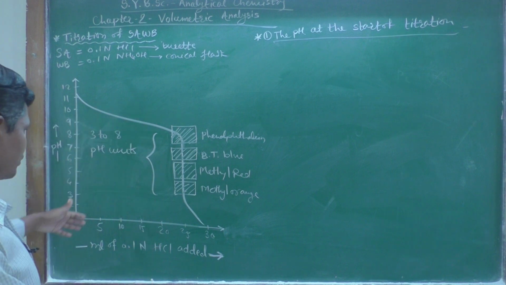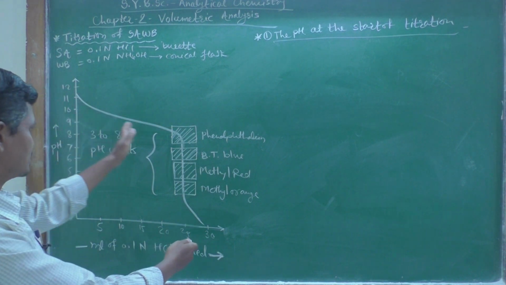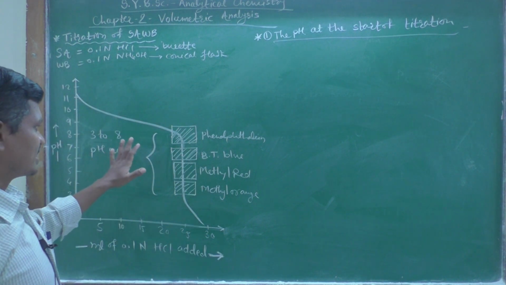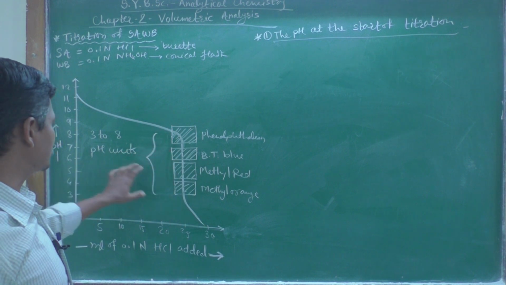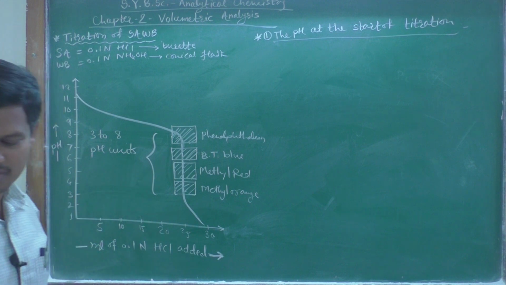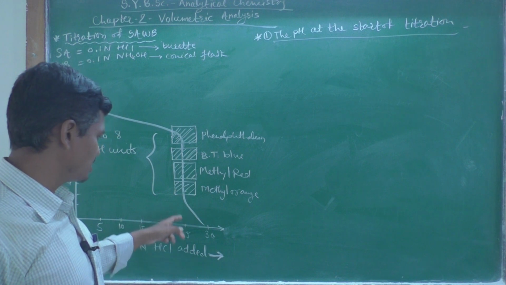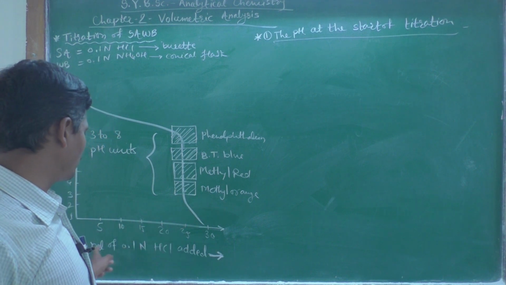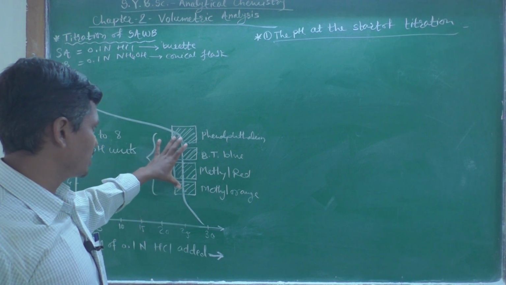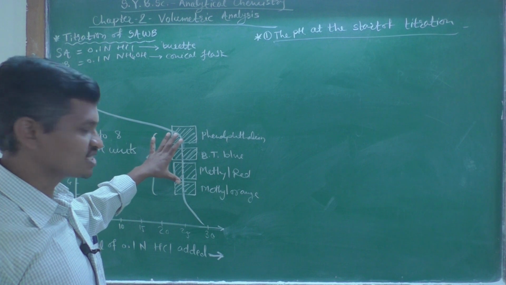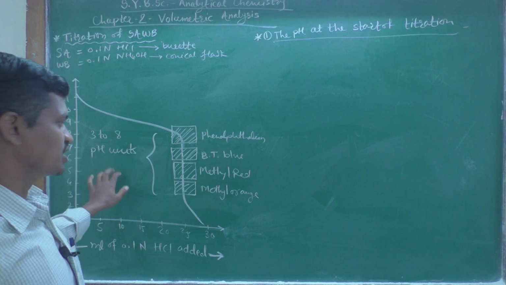This is the main part of the curve, the nature of the curve for this titration, and the vertical part of the titration curve lies between 3 to 8 pH units. The equivalence point is near 25 ml of 0.1 normal HCl added, and at the equivalence point we get a straight line in this curve, comprising 3 to 8 pH units.